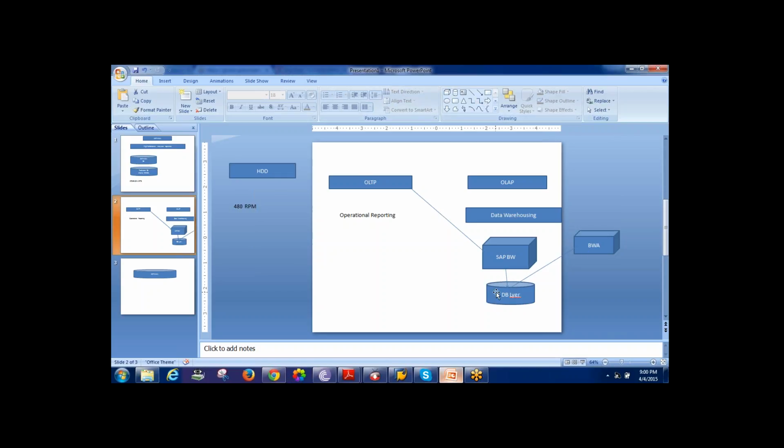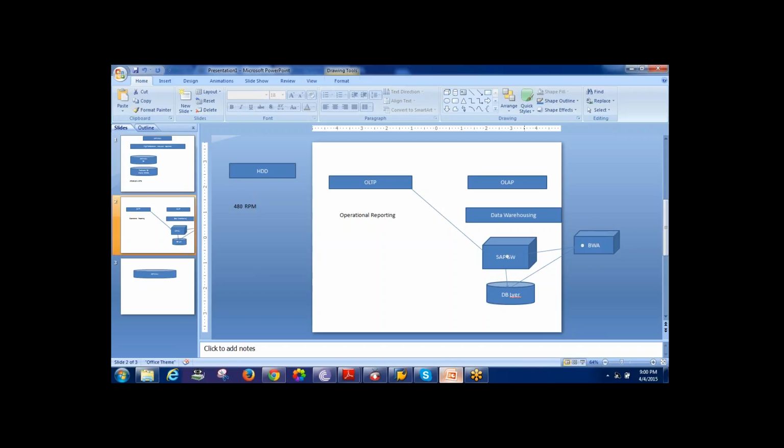But with the SAP BWA system, the entire database data is stored in BWA, an in-memory application, and whenever a request comes from users, it is redirected to BWA and processed there itself.